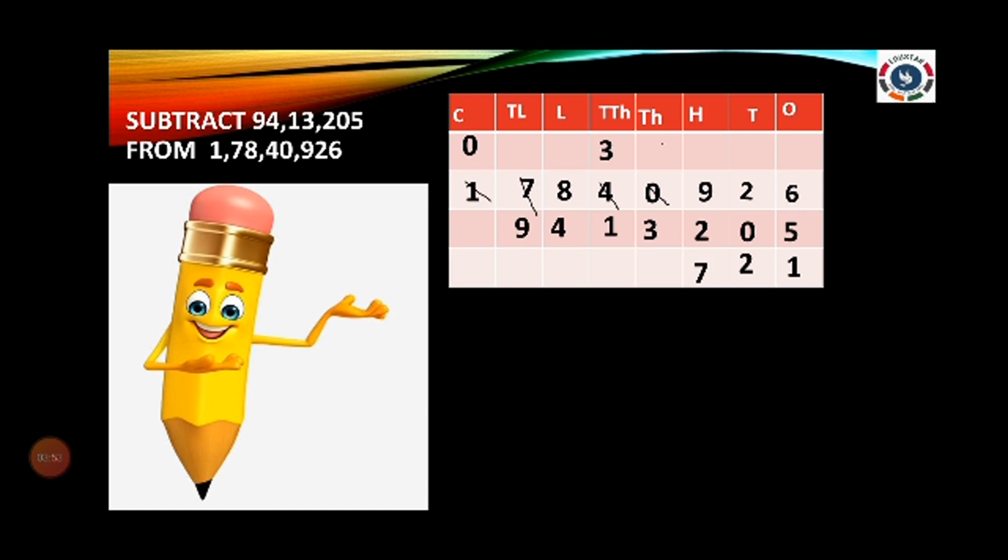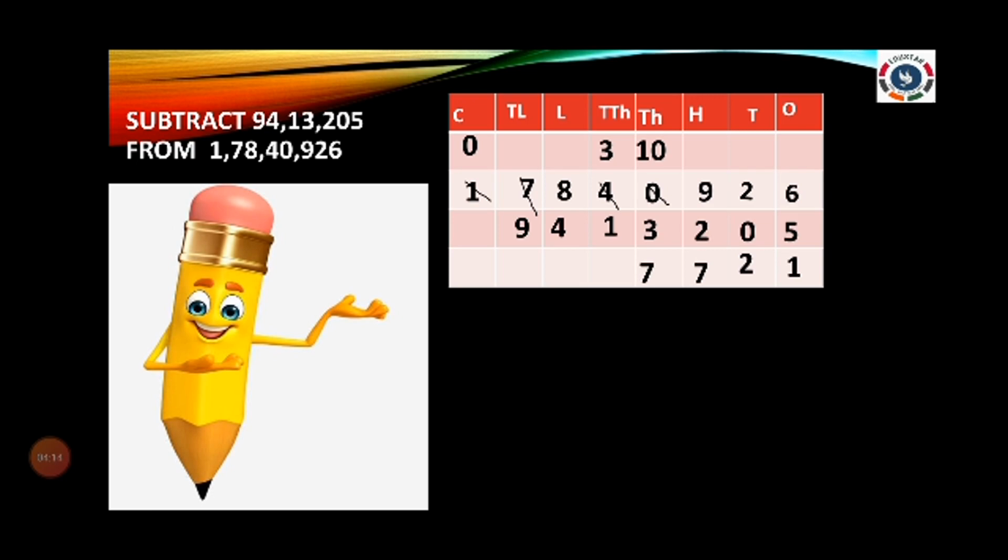So 0 gets 1 from 4, so it becomes 10. 0 plus 10 is 10. So 10 minus 3, how much? 7.